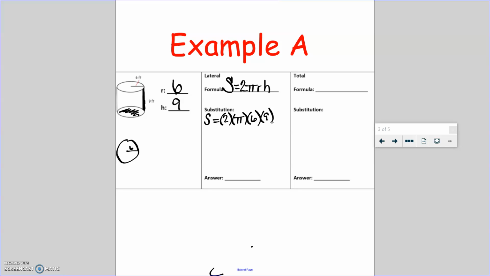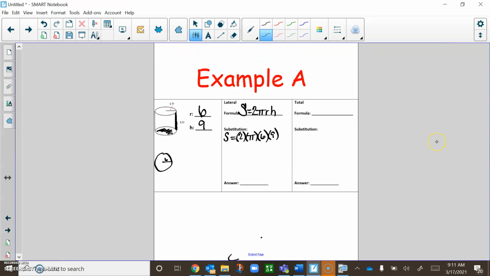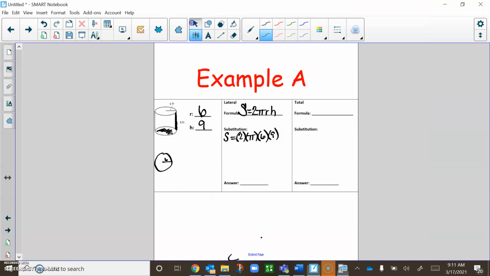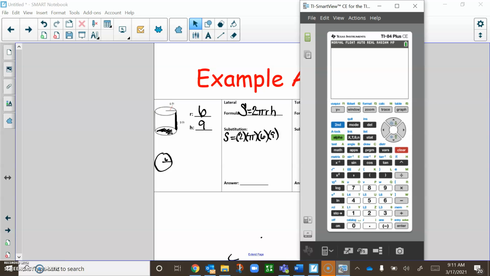So I'm going to put this in the calculator. You could continue to break this down and multiply 6 by 9, but we're going to put this in the calculator. So we have 2 times pi, and if you just leave 2 pi, it multiplies itself times 6 times 9. And we get 339.29.